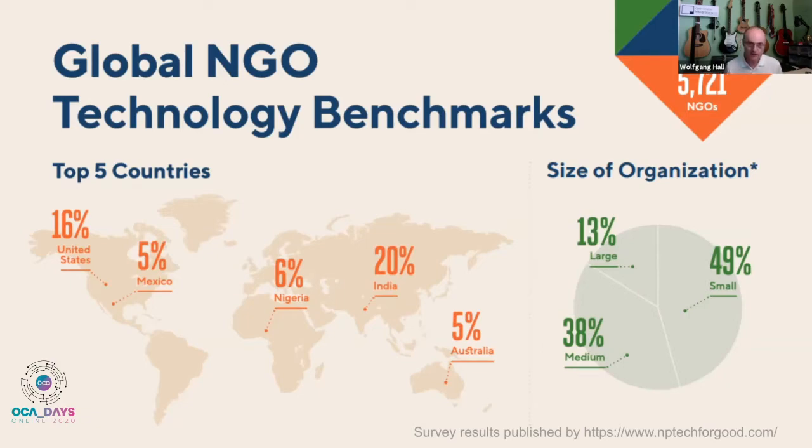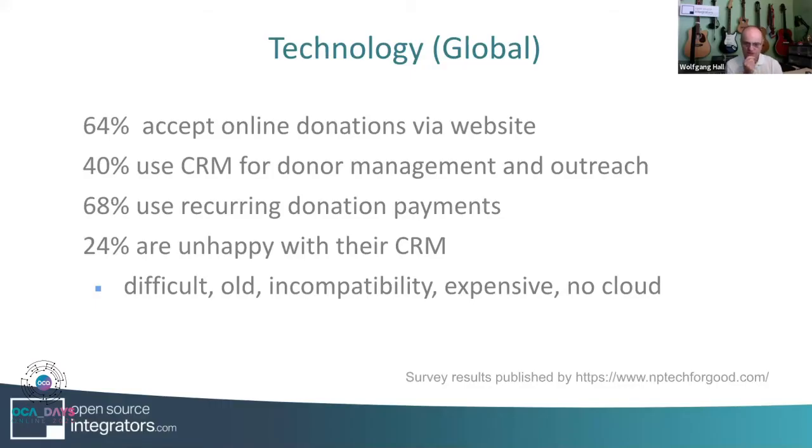So let's take a look at another set of statistics, also from NP Tech for Good. In the same survey, they found that 64% of all these surveyed NGOs accept online donations. So they're pretty tech savvy, and 40% of them use a CRM for donor management and outreach, and 68% use recurring donation payments, so they get it on a monthly or annual basis from you.